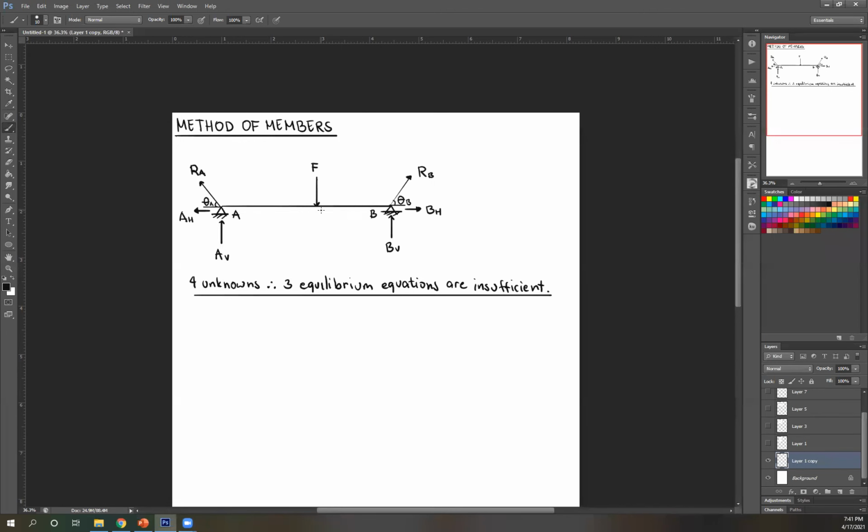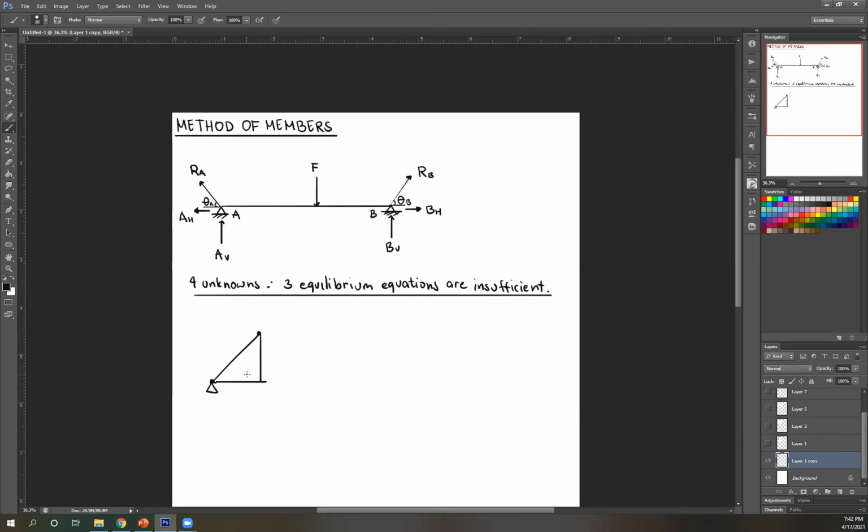Example here. Now, why can't we use method of sections or method of joints? Because in method of joints, you're assuming that the force passes along your member, right? We have something like this. We're assuming the forces are along the members themselves. Okay, but the trusses that we've solved for so far, all of their members have been two-force members.